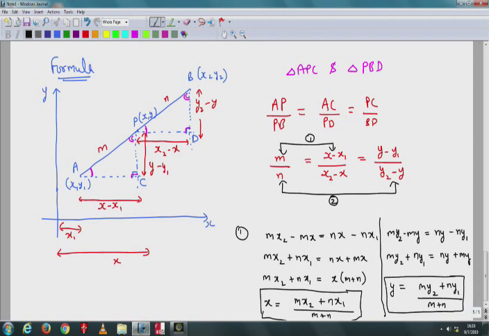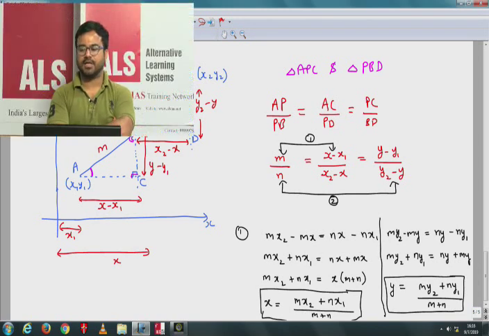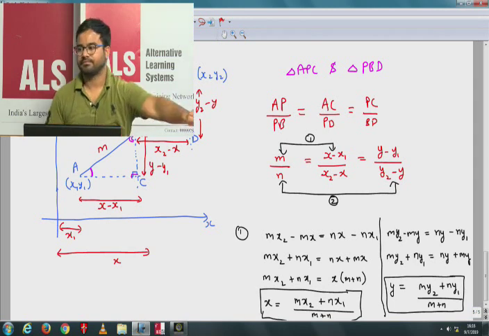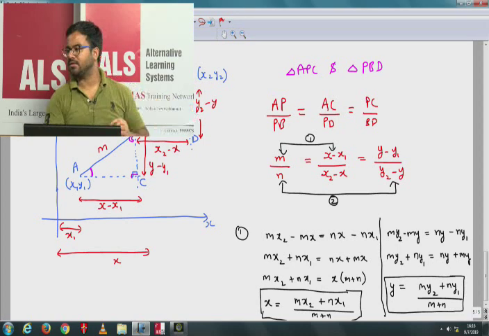Any doubt till now? Kohima, Sisipur, Presidency, Shillong, Tetso. Any doubt till now? Sisipur, are you having doubt? Which doubt you are having?